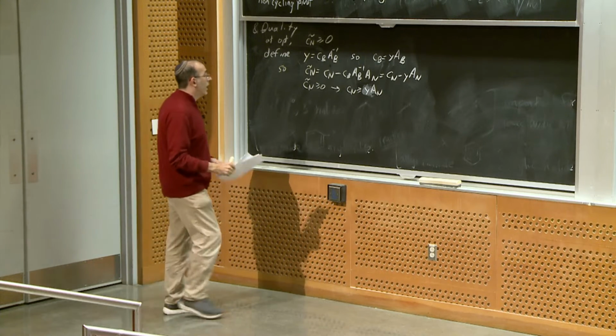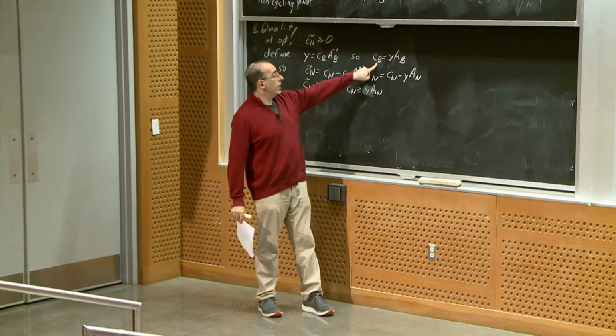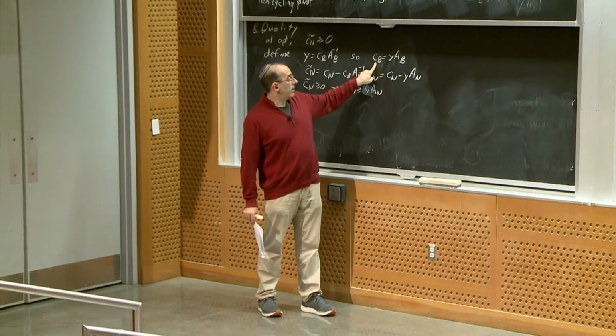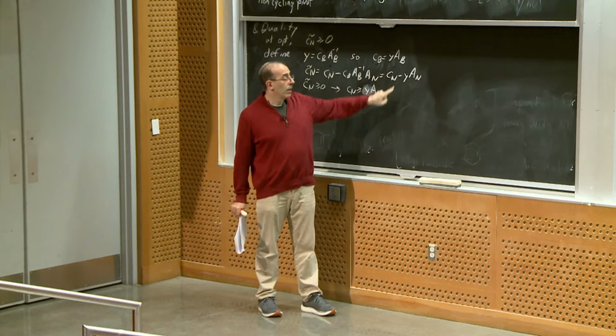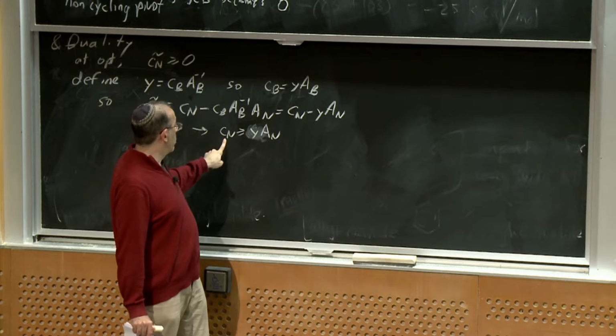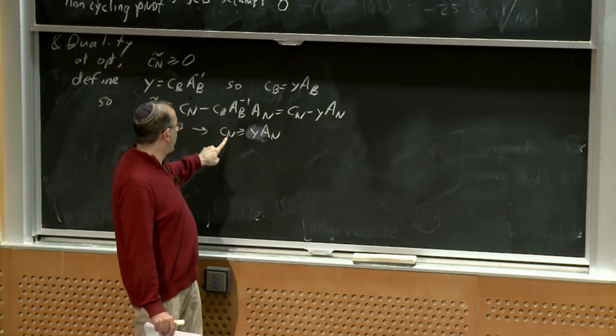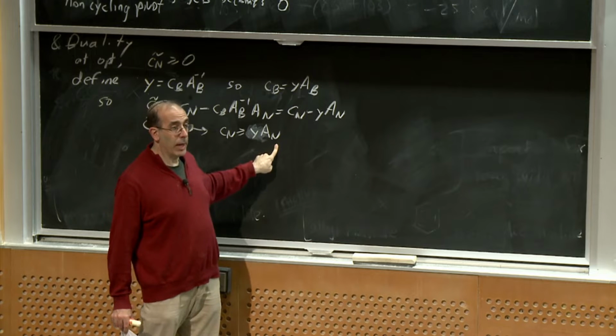So what do we have here? The coefficients of C that correspond to the basis satisfy CB equals yAB. On the other hand, the coefficients of the objective that correspond to the non-basic variables satisfy that Cn is greater than or equal to yAn.